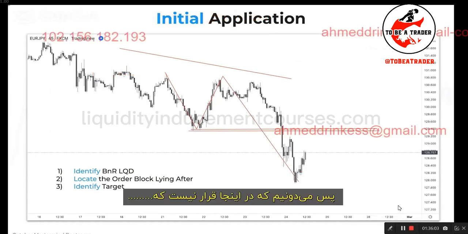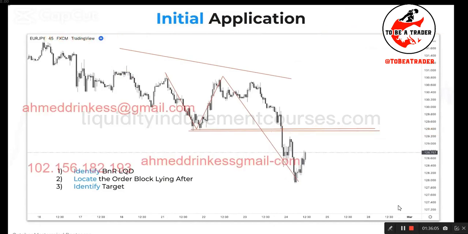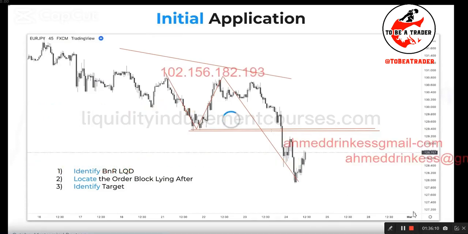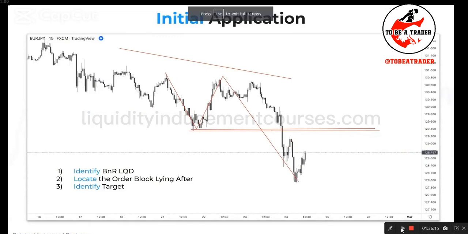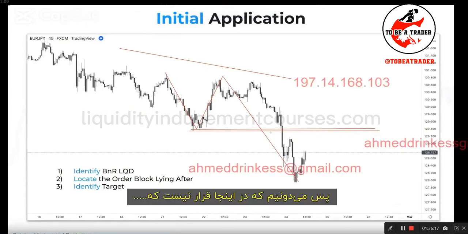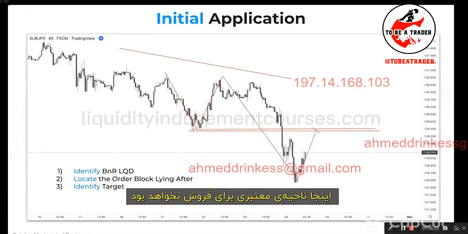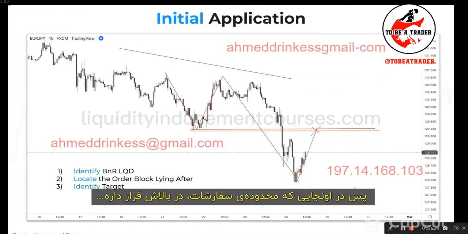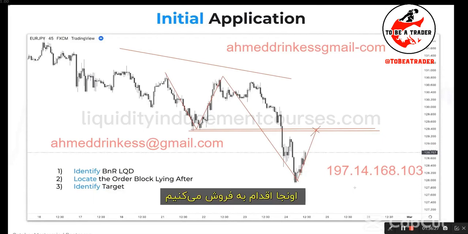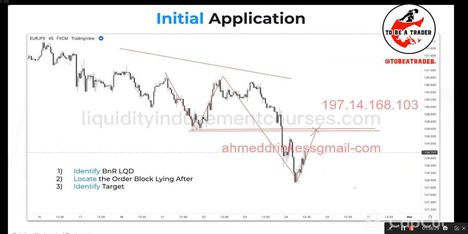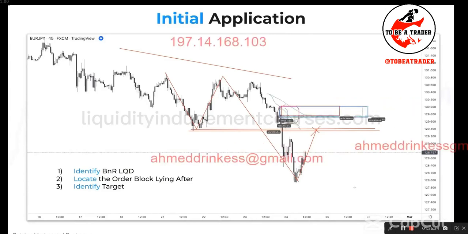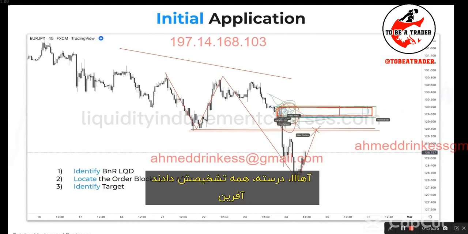So when price comes back up to here, this isn't going to be a valid area to sell. Where then is the order block lying above that we do want to take a sell at? Boom, right? Awesome. Everyone identified it.